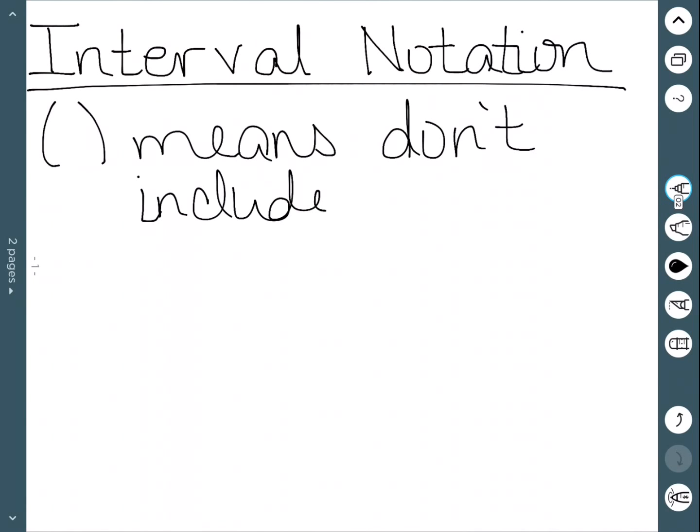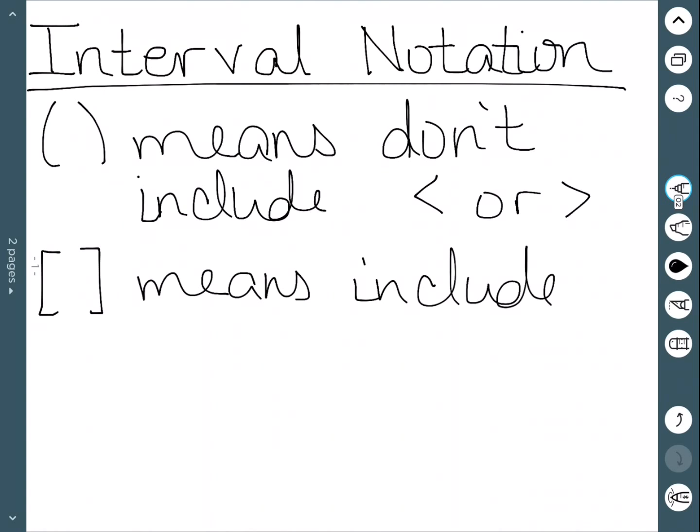First, using parentheses means don't include this number. So this is when we have a less than or a greater than symbol. Square brackets mean include this number. This is when we have a less than or equal to or a greater than or equal to.